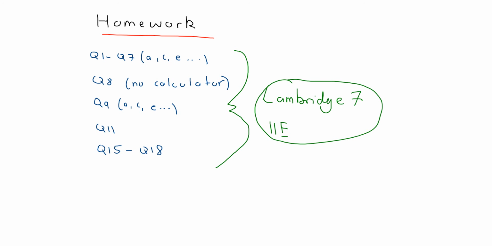For question 8, I think the book says you're allowed to use a calculator, but I don't want you to use a calculator. I want you to do it the same way we did it in our worked examples. 9, A, C, E, and so on, the same as 1 to 7, every second one. Question 11, then all from question 15 to 18. That's question 15, question 16, question 17, and question 18.